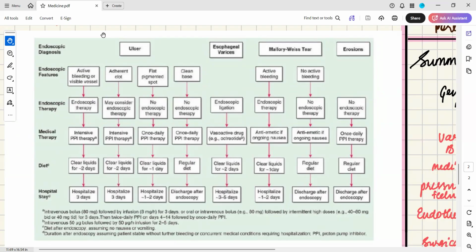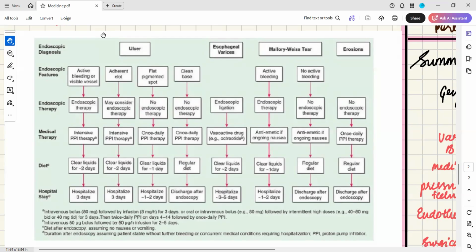If we know that the cause of bleeding is ulcer, we have to look for endoscopic features. If it has active bleeding or a visible vessel, we go for endoscopic therapy, intensive PPI therapy, clear fluids, and hospitalization. If there is only an adherent clot, we may consider endoscopic therapy, PPI, clear fluids, and hospitalize.